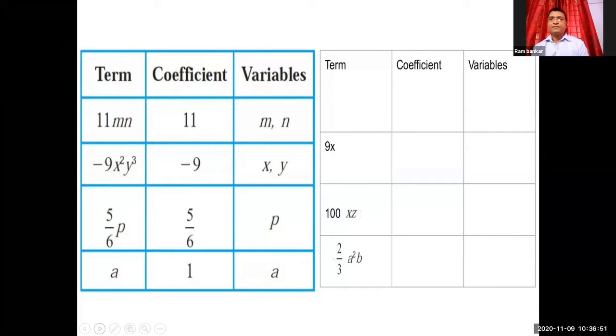Coefficient is 100. Yes, and variable is? XZ. Okay. And in the last term, coefficient is 2 by 3. Yes, and variables? AB. Very good. Nice answer. We will move towards the next slide.